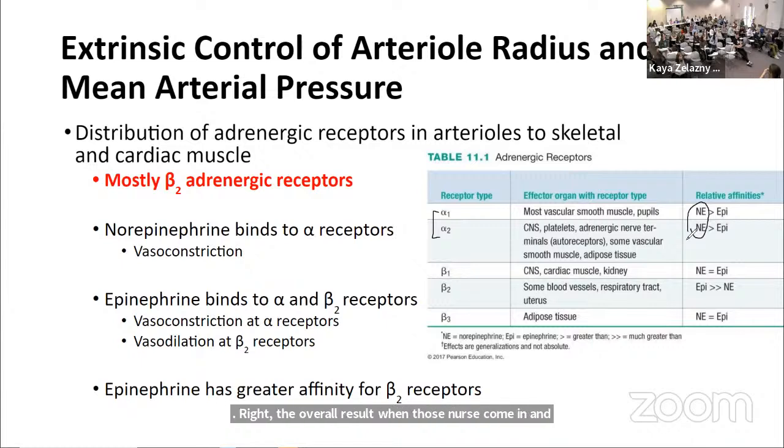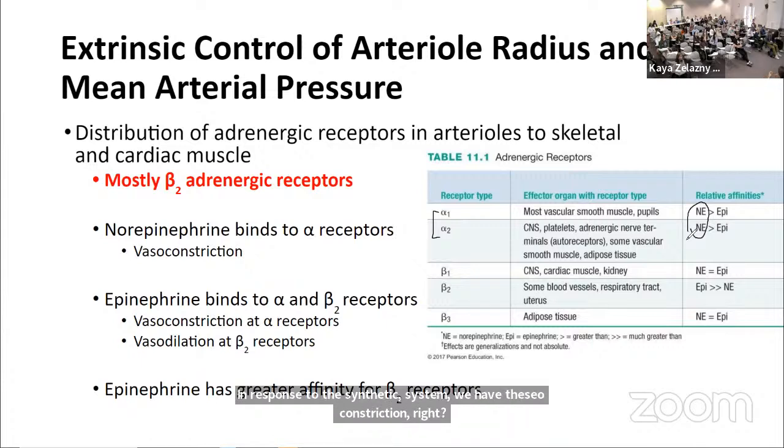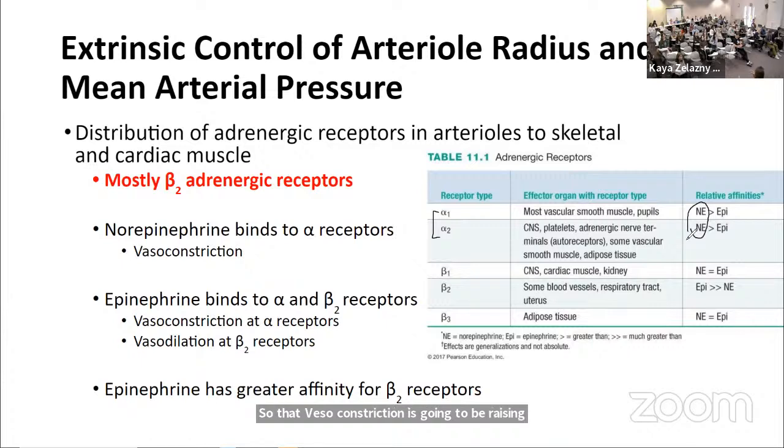So in general, in response to the sympathetic nervous system, we have vasoconstriction, right? That vasoconstriction is going to be raising resistance in all those places because those blood vessels are getting smaller, right? So we're clamping down on blood flow throughout the body, and maybe affecting the blood pressure.